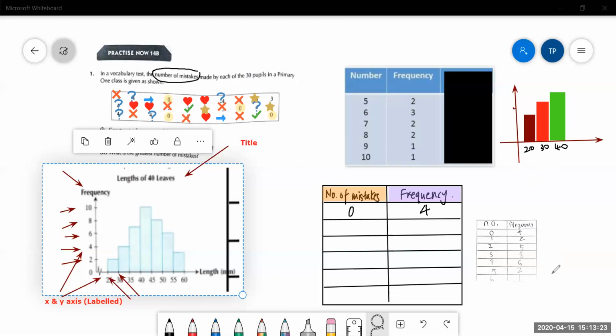Should we label in the middle of the block, or at the corner of the block? Can you see where I'm drawing? Corner of the block.